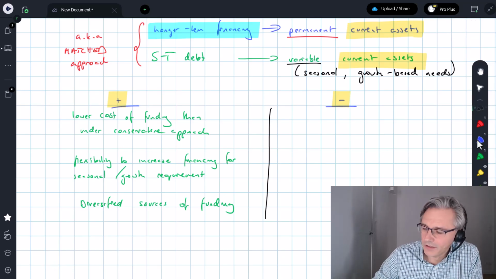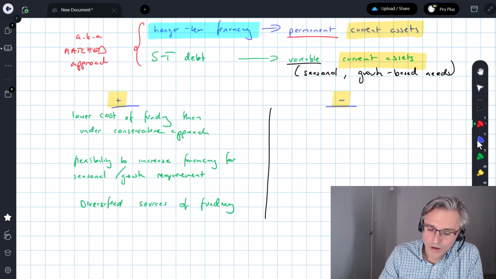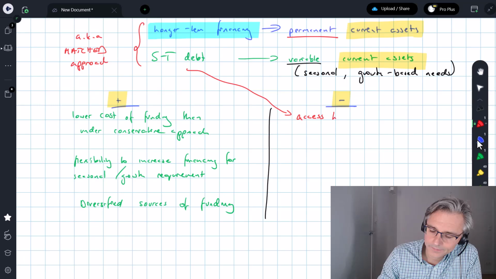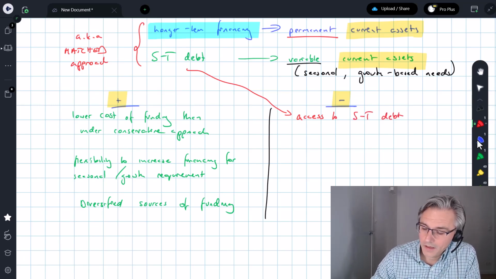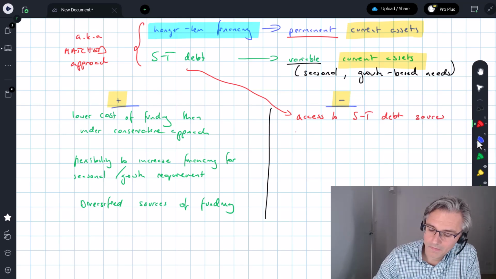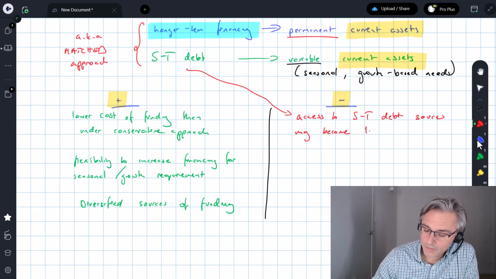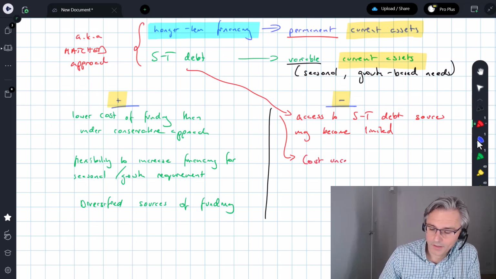On the flip side, on the negative side, your book says, well, you are using short-term debt and access to it may dry up. Debt sources may become limited. Obviously, you could say the same thing about the aggressive approach. Short-term funding always comes with cost uncertainty. We said that before.